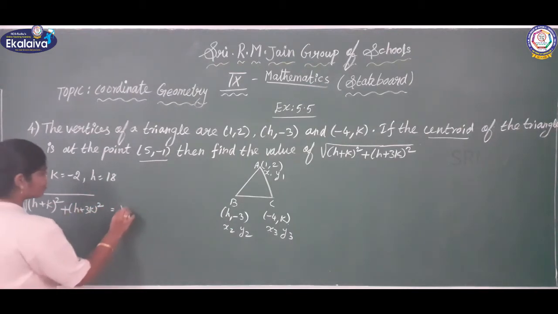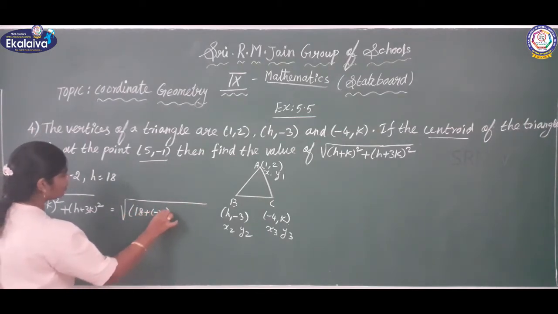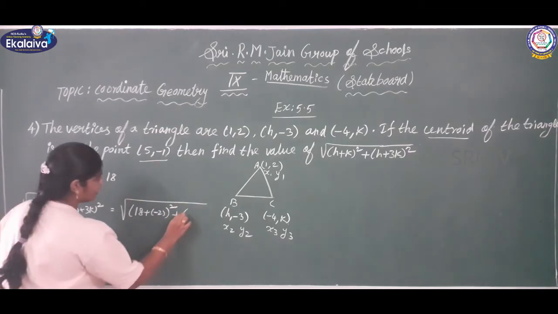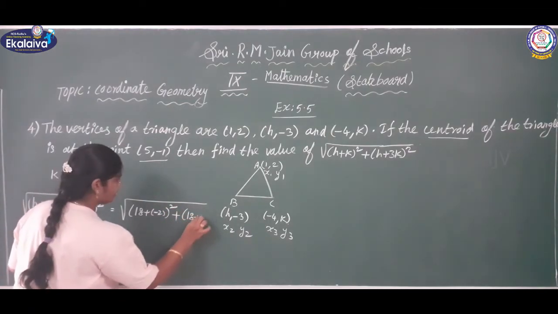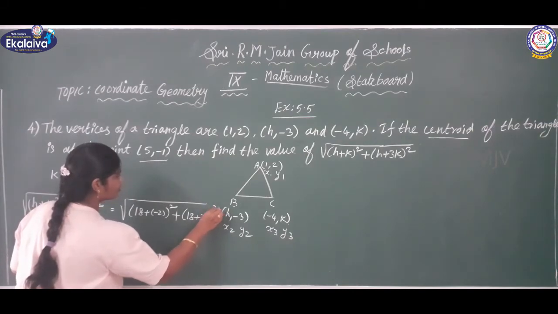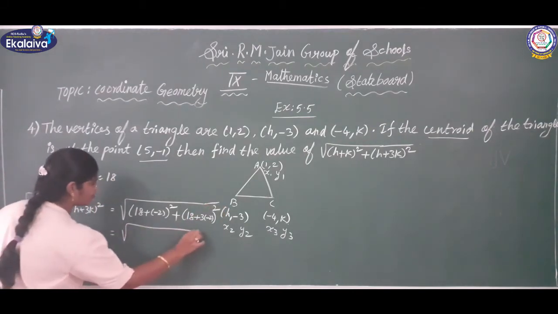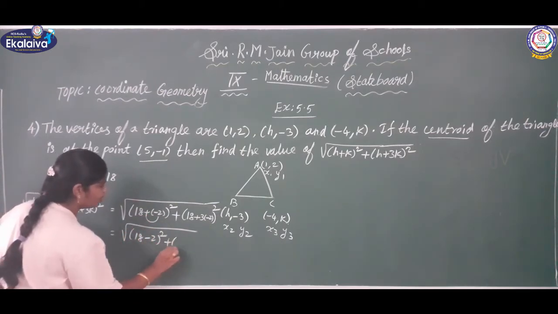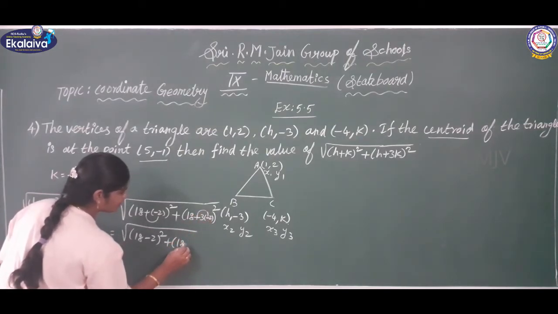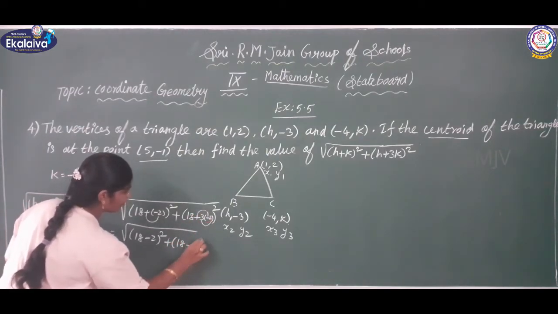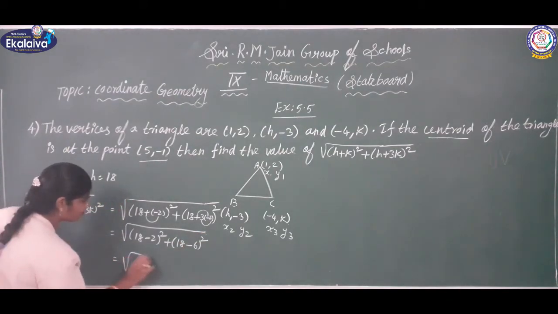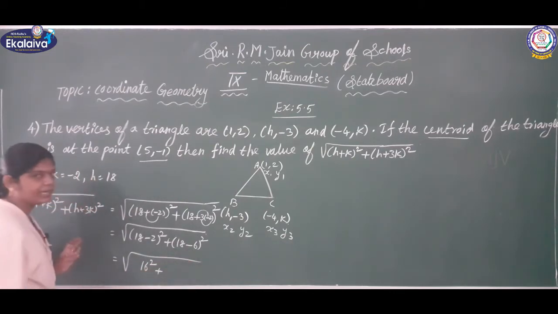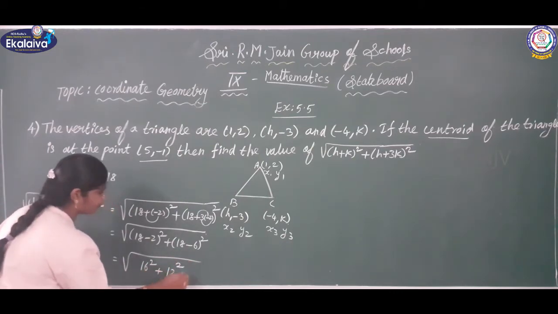So in this we substitute here h value 18 plus of minus 2 the whole square plus 18 plus 3 into minus 2 the whole square. 18 plus minus 2 the whole square plus 18 plus minus, 3 2s are 6, the whole square. 18 minus 2, 16 square plus 18 minus 6, 12, 12 square.